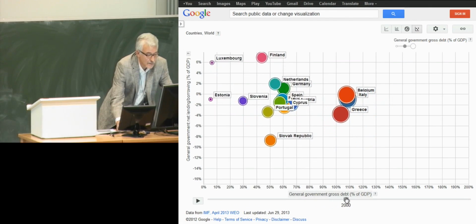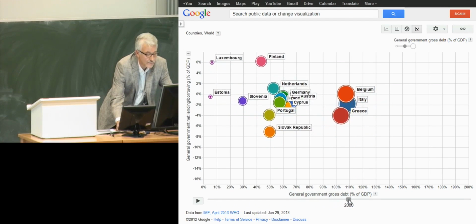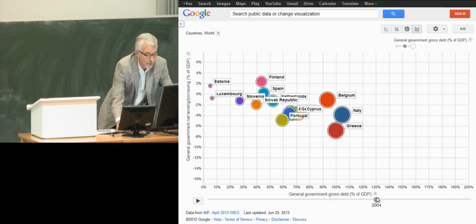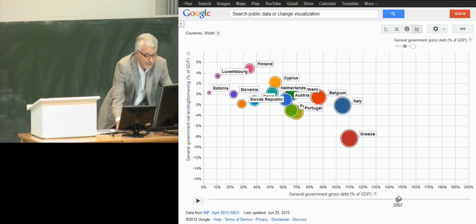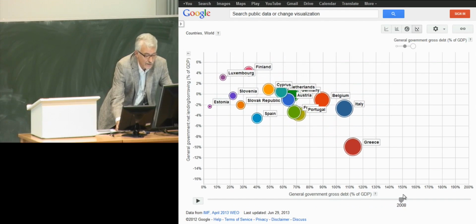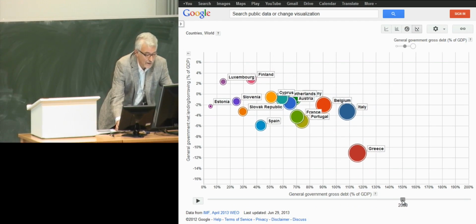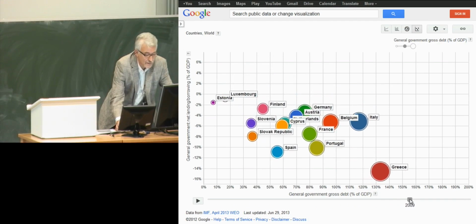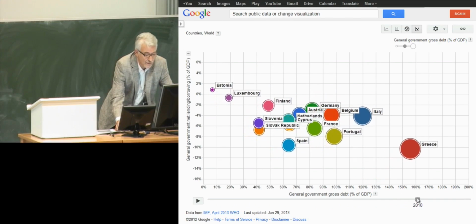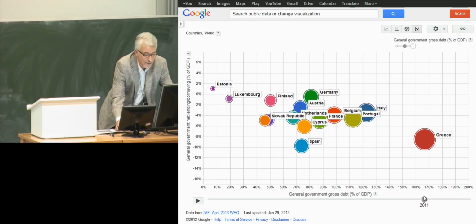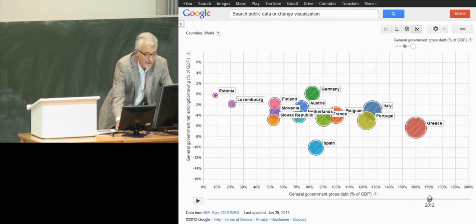Now we move forward to the year 2000. This is when the euro was introduced, and move forward. Nothing happens. Now, in 2008, the American subprime crisis started, and now look what happens. Greece moves to the right and back a bit.